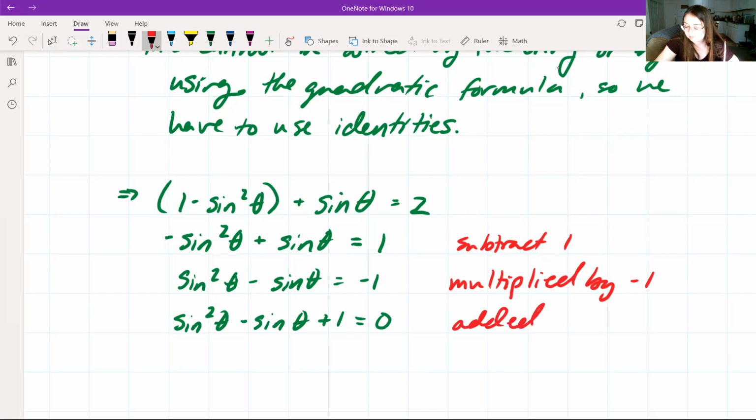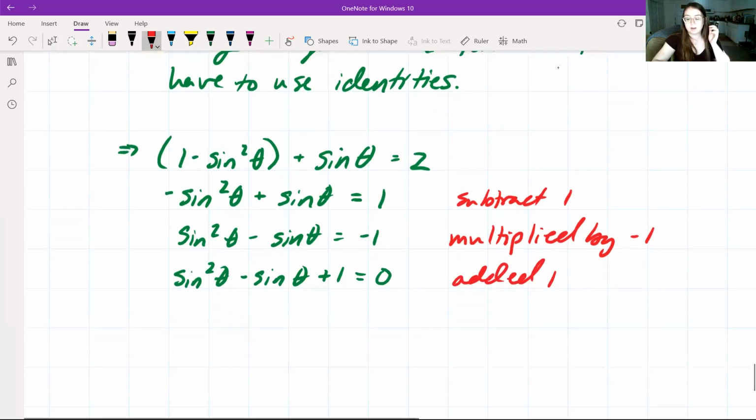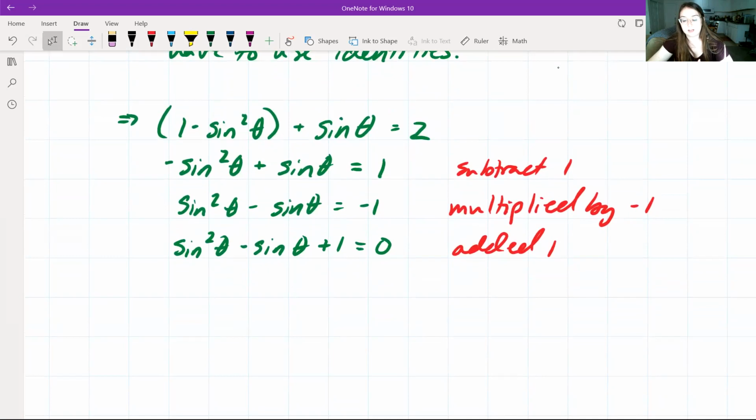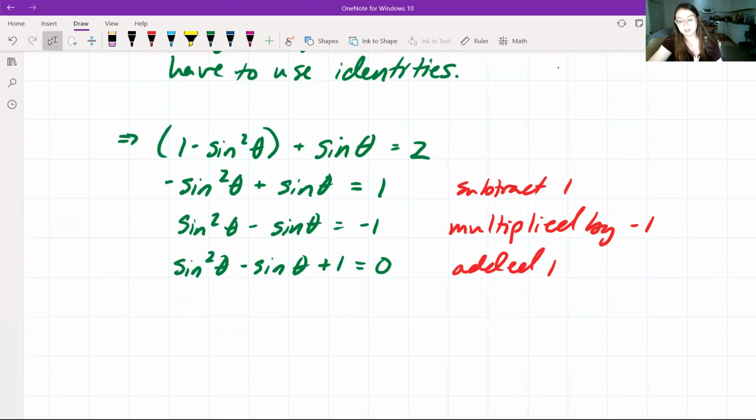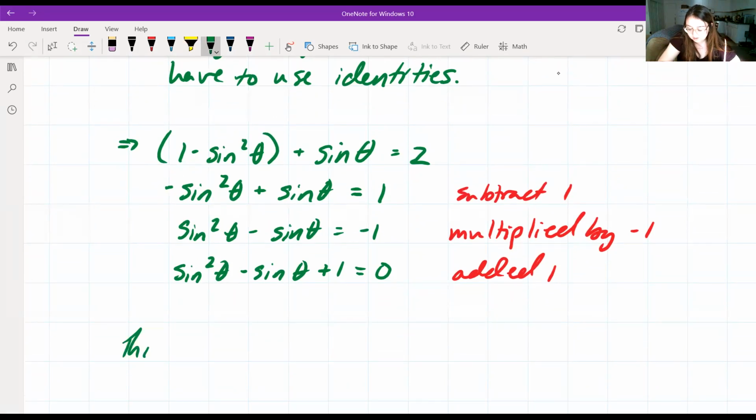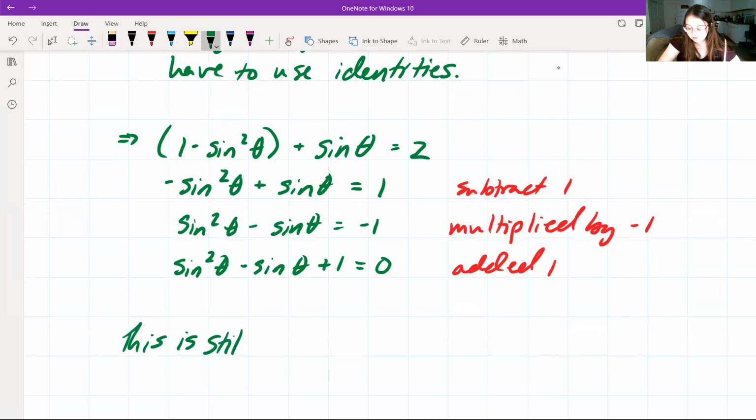So we added 1. And now we have an equation that is equal to 0. It's not equal to 2 anymore. We also only have one single trigonometric function, and it is still not factorable.